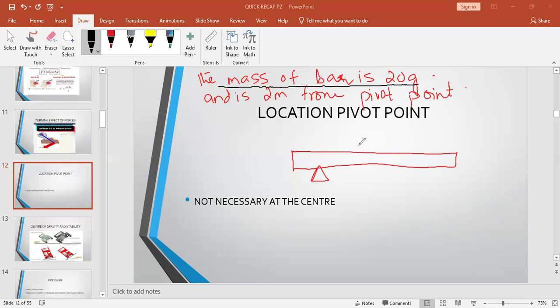So on this bar, where will the mass of the bar be acting?